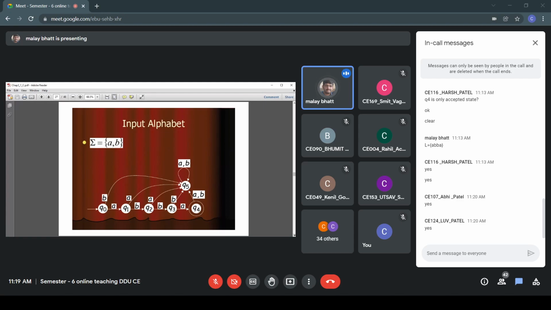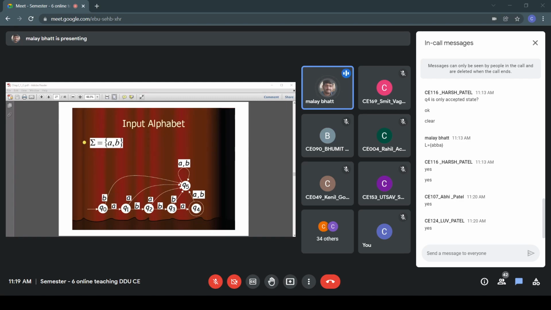So here you can see that the input alphabet sigma for this finite automata is A and B. We have only 2 input symbols, and that's why from every state there are 2 outgoing arrows, one for input symbol A, another for input symbol B. It must be there.